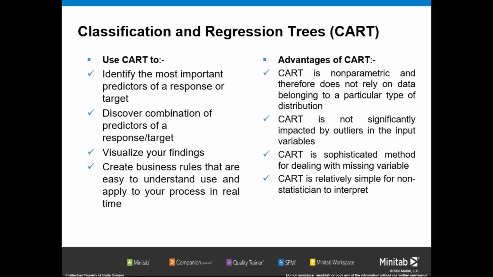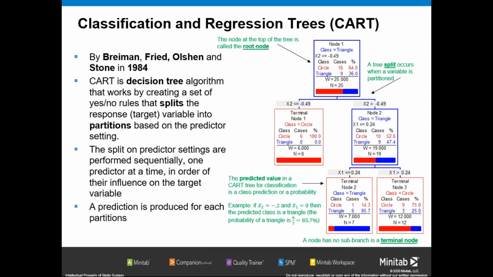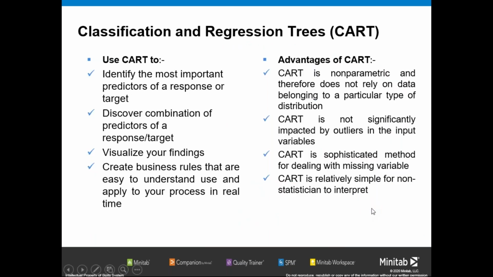Basically you use it when you want to identify the most important predictors of the response or target, discover combinations of predictors, or visualize your findings. If you are from a regression background, regression has an equation, but in CART we have a visualization, a tree with tree splits.